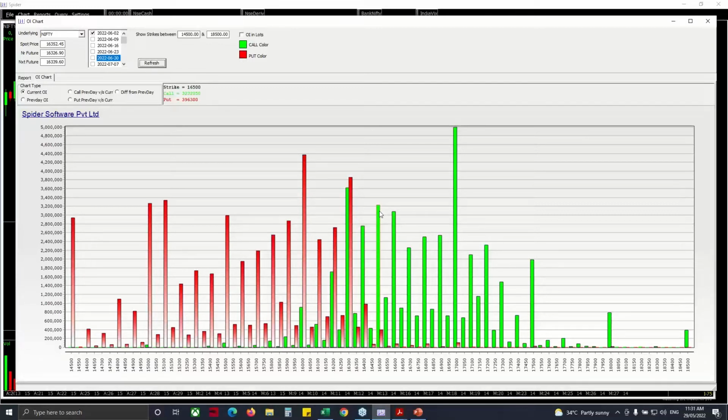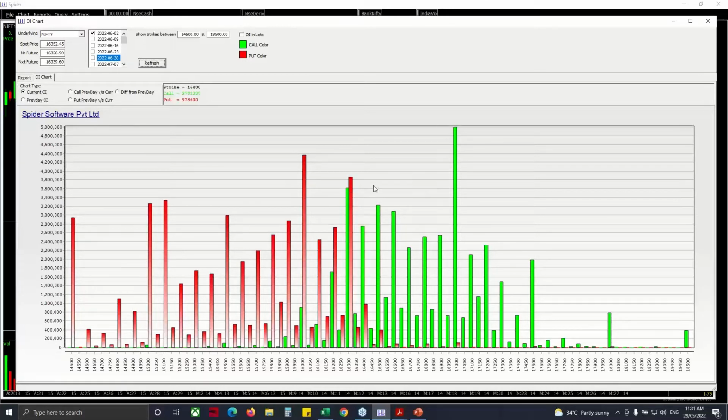16,500, where there is good open interest of calls as of now, which might act as resistance, because this short covering might go at least for another 100 points in coming days on Nifty. So the initial expectation for the week could be, as per the open interest, that 16,300 is protected.